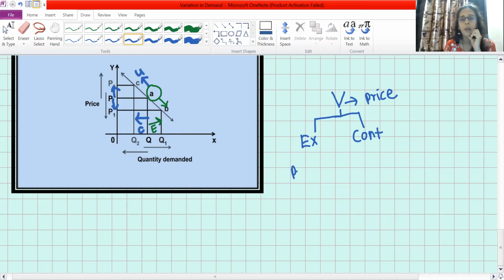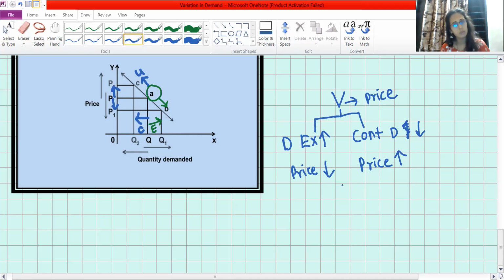When the price decreases, our demand expands, and when the price increases, our demand contracts. So upward movement, downward movement, left to right, please go through all these things.